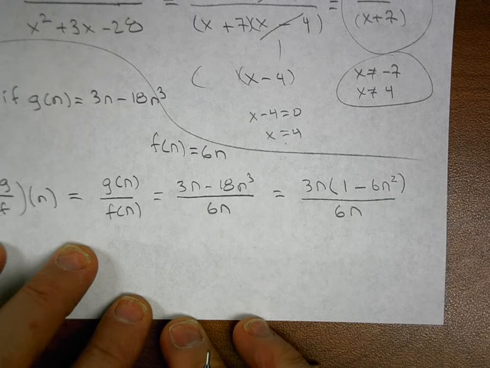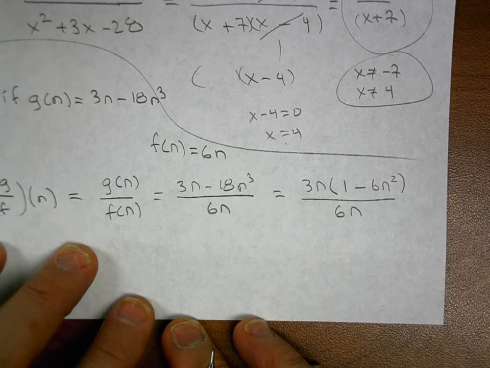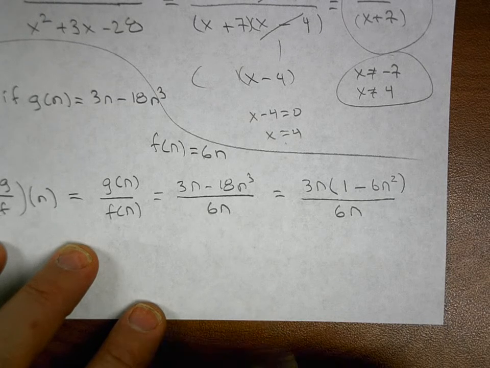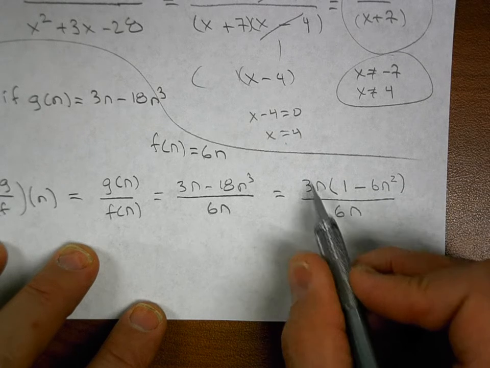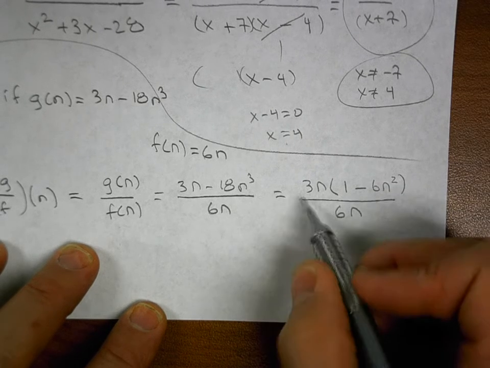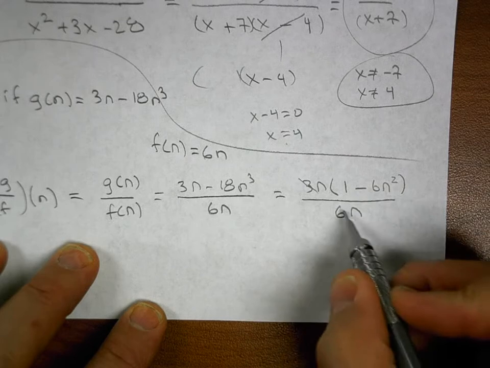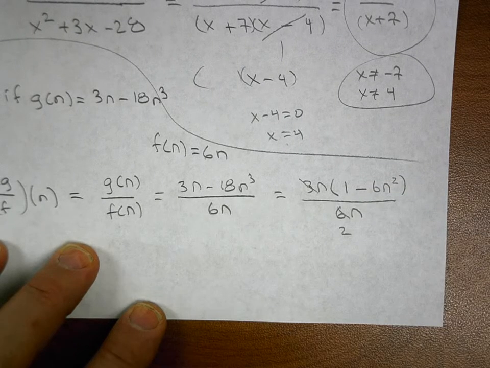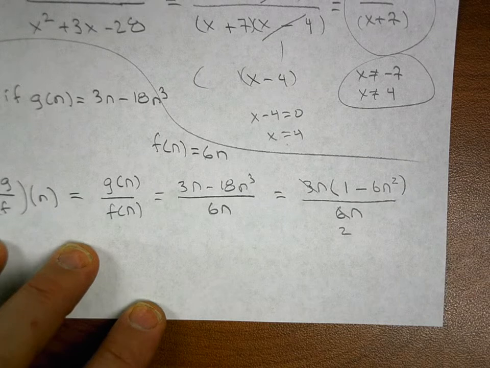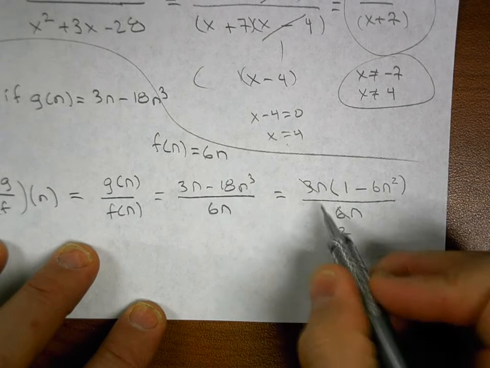Now can we reduce? Yes. 3n is a factor with this 1 minus 6n squared. That's a factor. We can reduce factors. So the 3 and the 6 reduce. That gives you a 2. And what about the n's?